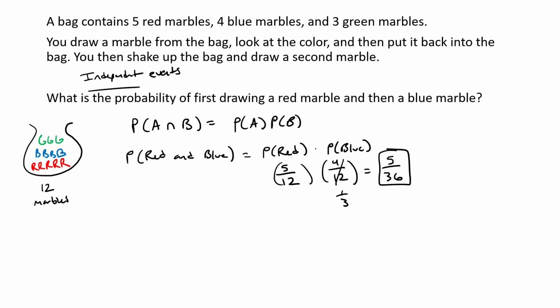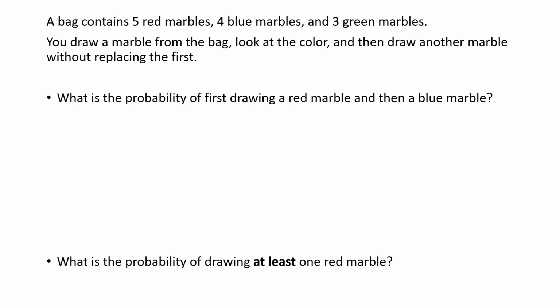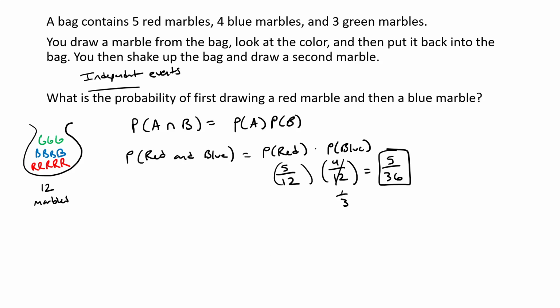However, consider the same situation but changing the rules a little bit. What if we draw a marble from the bag, but then we don't put it back? So we draw another marble without replacing the first. This is no longer independent, because once we pull a marble from the bag, let's say we do pull out a red marble.